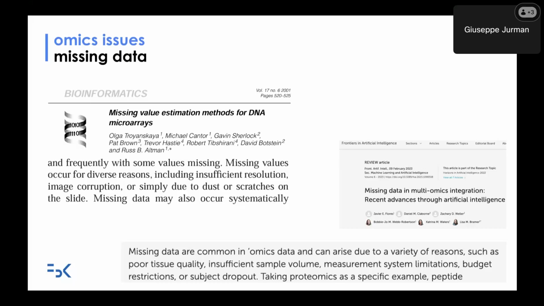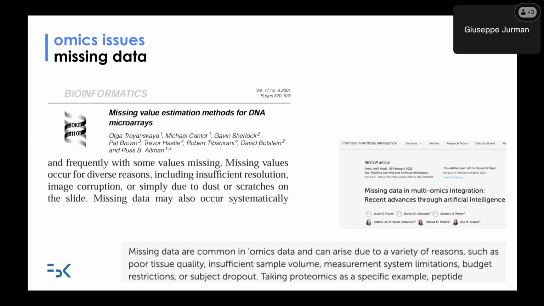And in particular, missing values may occur for very different reasons, as in this very seminal paper that I'm showing here, dating back to 2001 and due to the Troyanskaya group at Harvard. Okay, so for instance, insufficient resolution, image corruption.